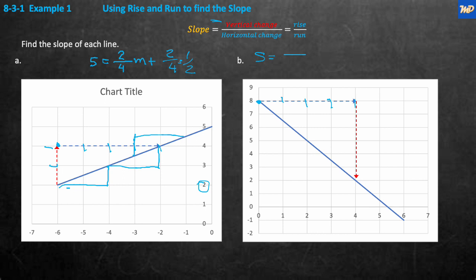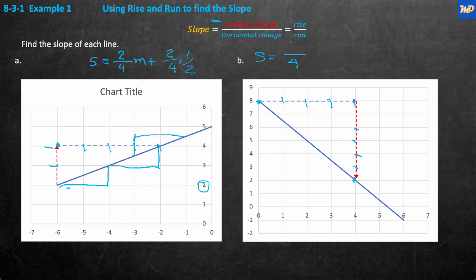So we can put a 4 on the bottom. Okay, so what is the rise or fall? Because it's also the fall. It's a negative number. It's falling. It's 1, 2, 3, 4, 5, 6.